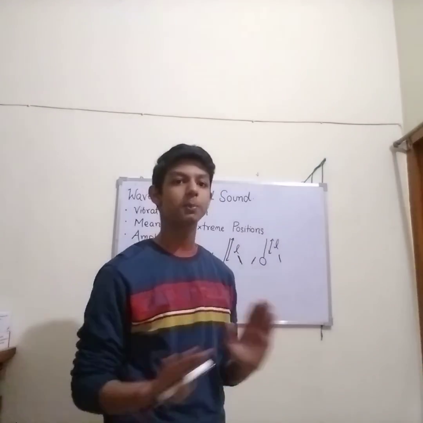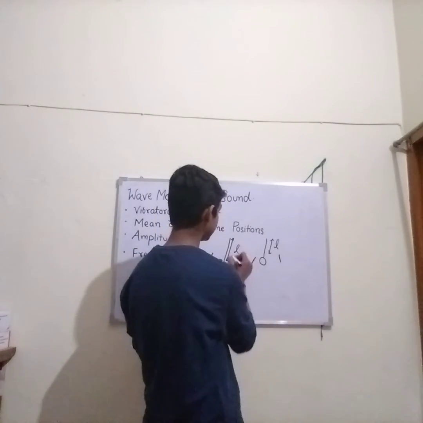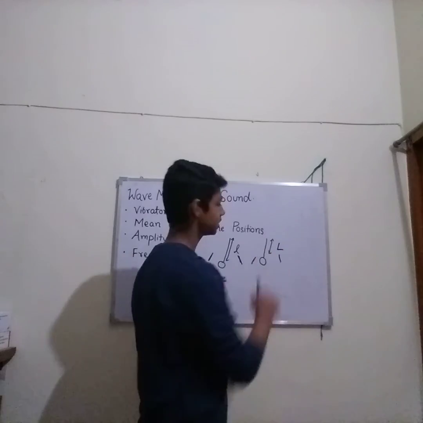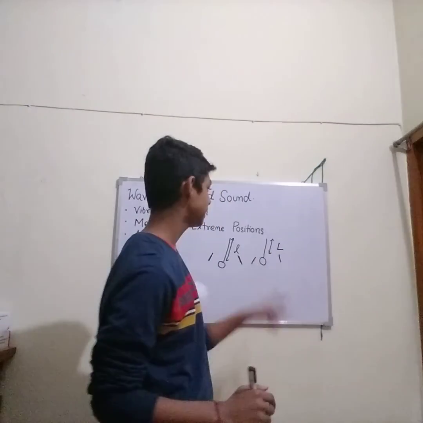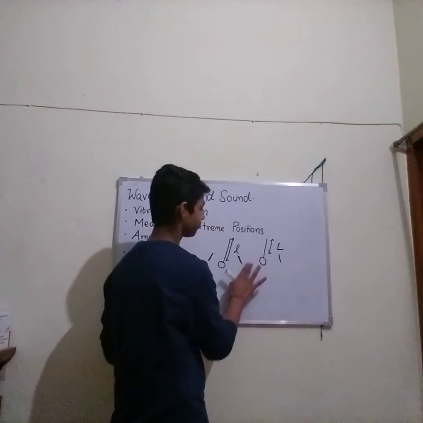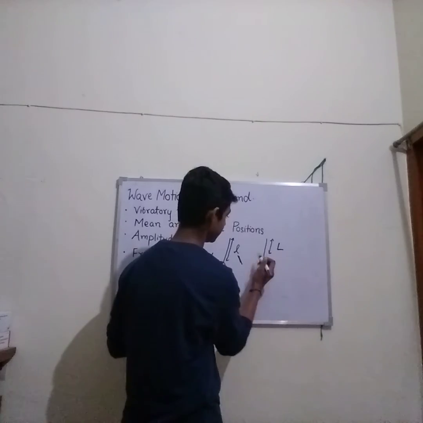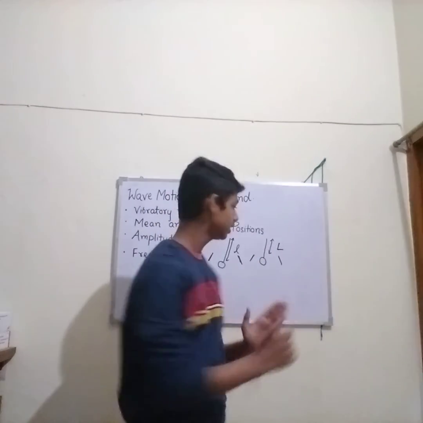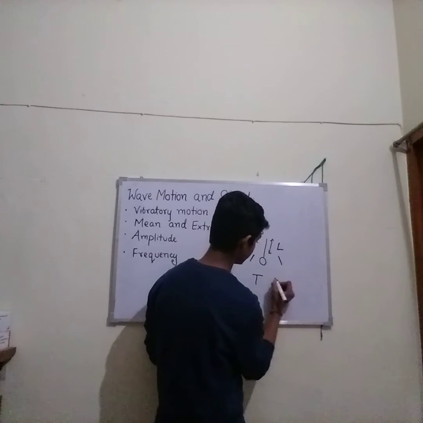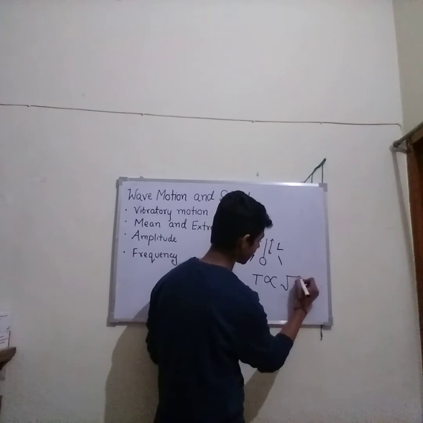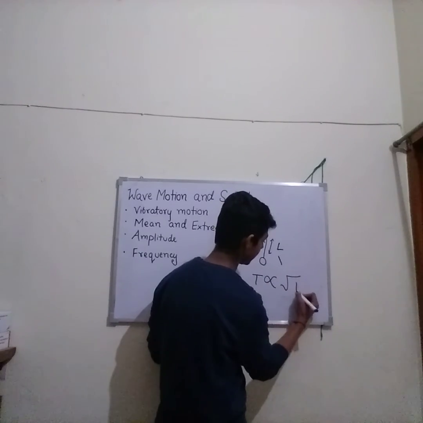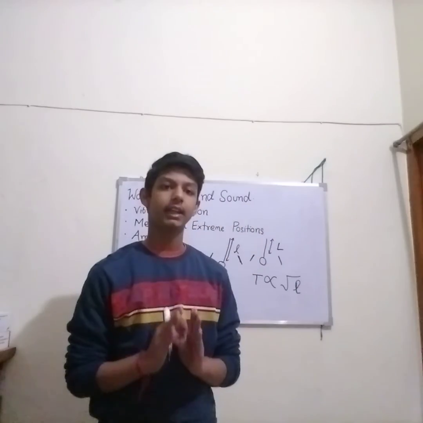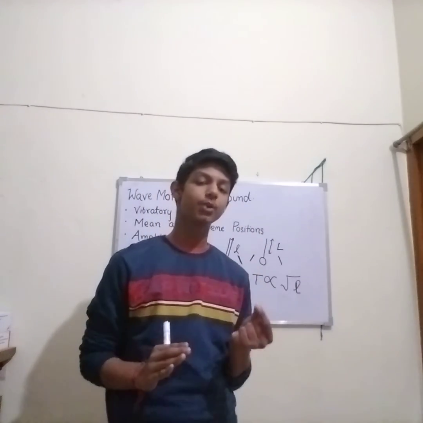Suppose this is small l and this is large l, and they differ in measure. Then the time period, denoted by T, will be directly proportional to the square root of length.